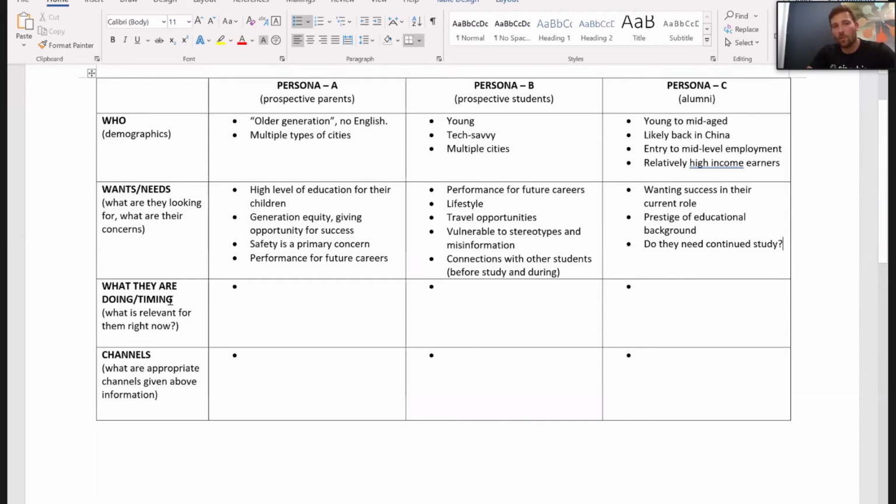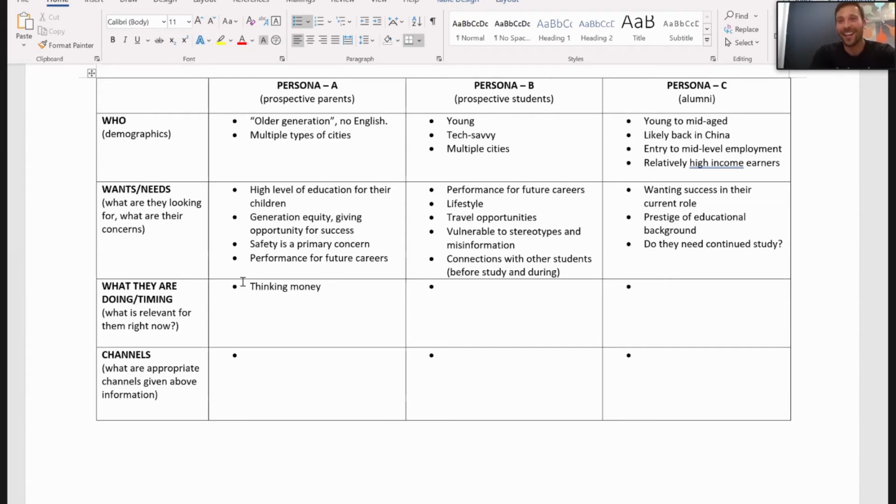So let's get into what are they doing? What's relevant to them at the moment, like right now? If we talk about the parents, what might be relevant to them at the moment? I mean, in terms of looking for a place to study for their children, they might be thinking money.